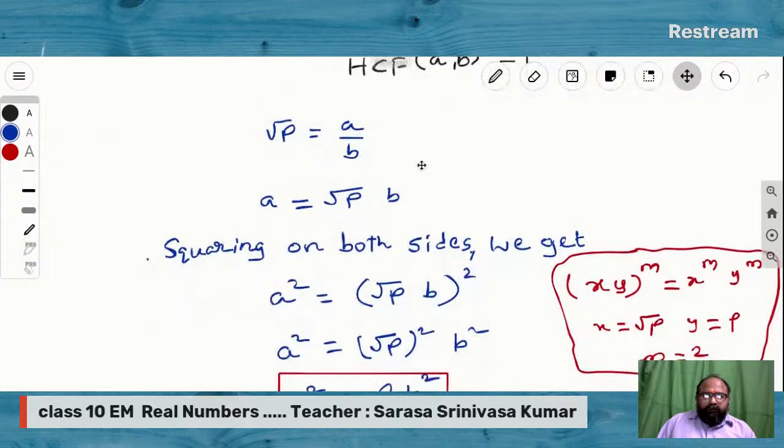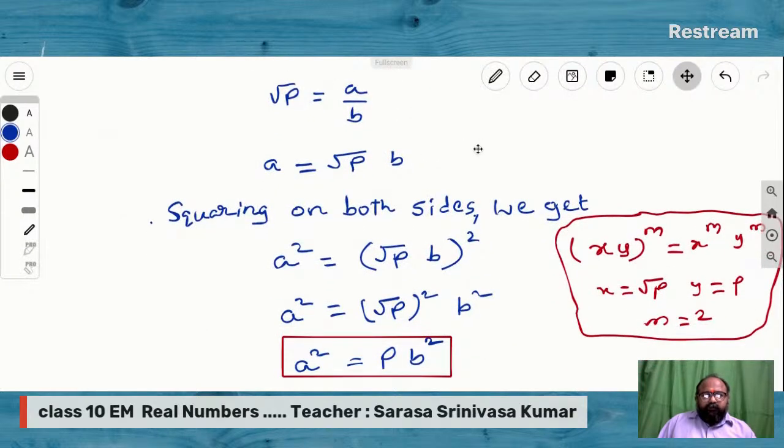So now we have written square root of p equal to a by b. By rearranging this, we get a equal to square root of p multiplied by b. Squaring on both sides, we get a square equal to pb square.